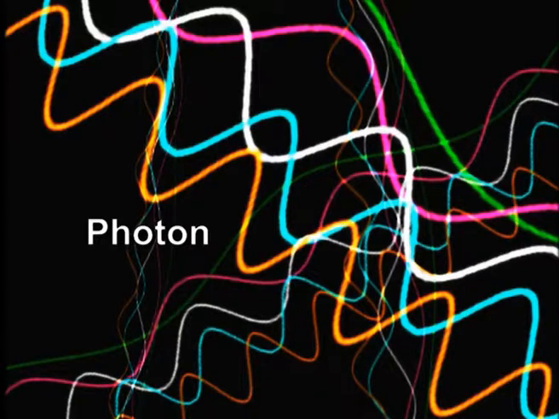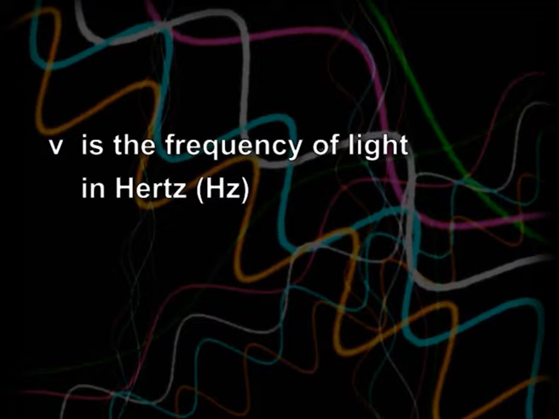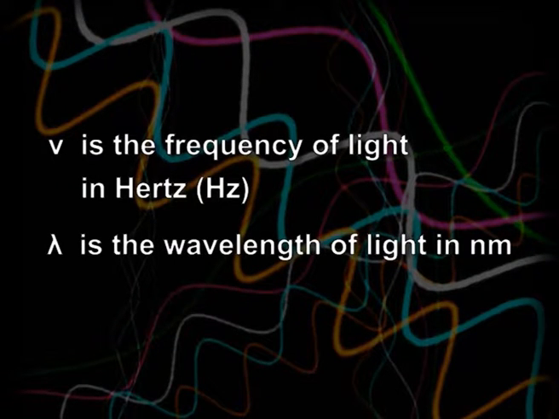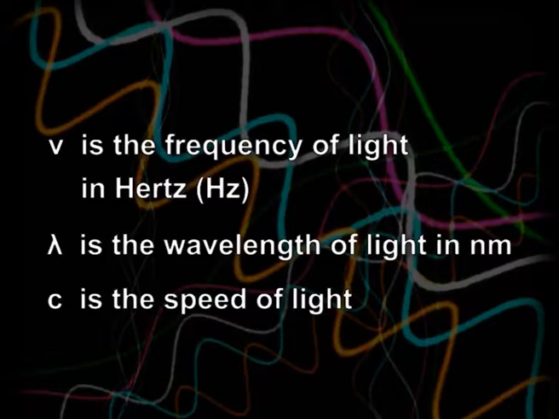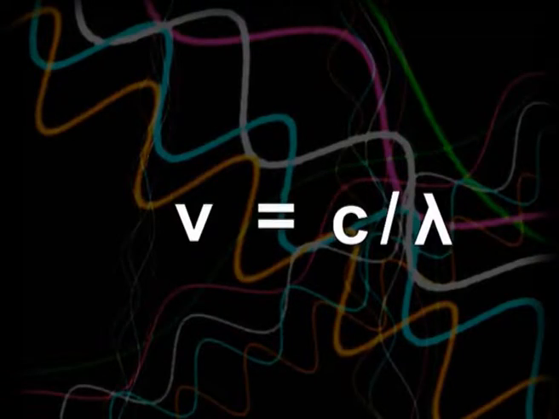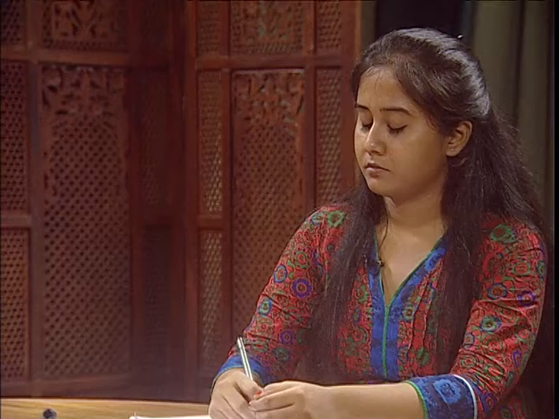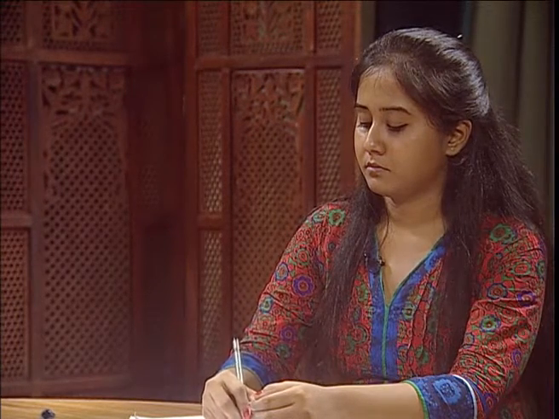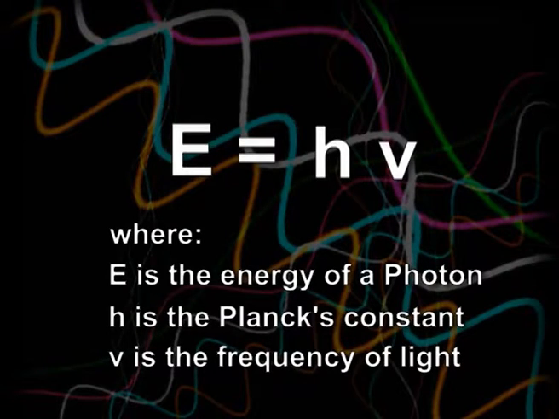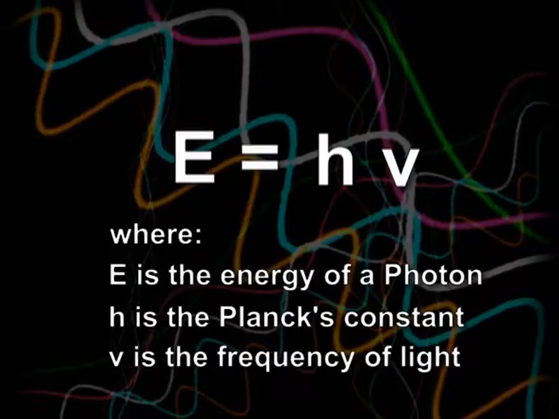Now, a simple relation exists between the frequency of light and the wavelength. If nu is the frequency of light and lambda is the wavelength, then they are related by the equation nu is equal to c by lambda. Again, if capital E be the energy of a photon, then E is equal to h nu, where h is known as Planck's constant and nu is the frequency.